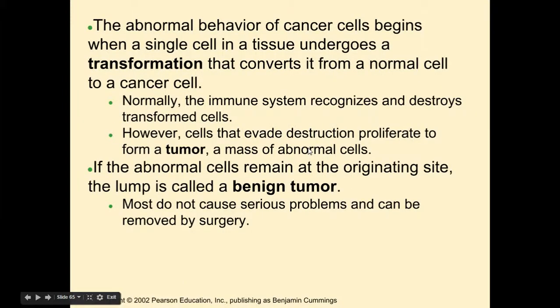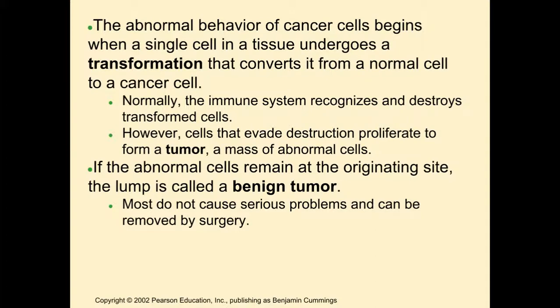The abnormal behavior of cancer cells begins with a single cell in a tissue undergoing a transformation that converts it from a normal cell to a cancer cell. Basically, a genetic mutation happens to remove the cell's inhibitions, so it just keeps growing. Normally, the immune system recognizes and destroys these transformed cells before they become a problem.